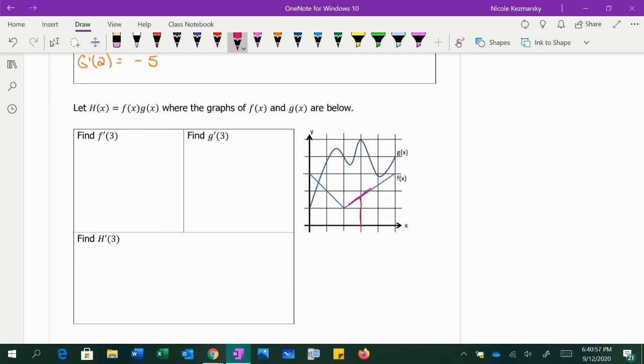Well, let's look at the bigger line, because it's all the same slope, because it's a straight line. And if I find the slope of that line, I'm going to go up 1, 2, and over 1, 2, 3. So I went up 2, I went over 3. So the slope at 3 is 2/3.